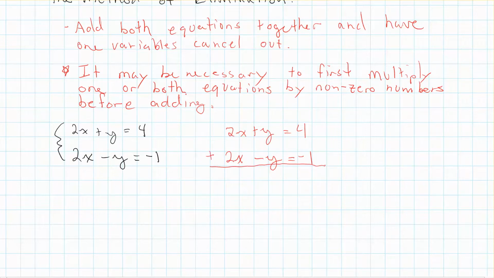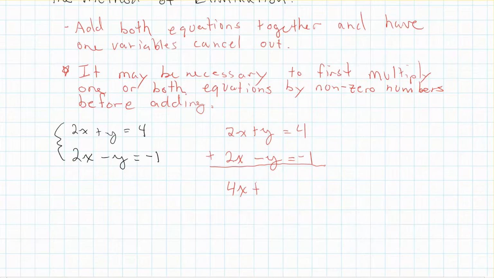Now, before I just add them together, we want to make sure that one of the variables cancels out. But if you notice here, I have plus y and a minus y. So y plus a negative y, those are going to cancel out, and I'd just be left with x's. We have 2x plus 2x, which is 4x.